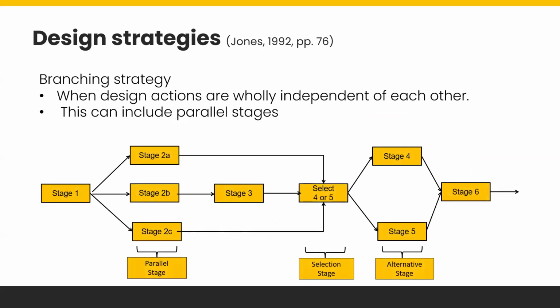Branching. So you do the design in parallel. There are parallel stages and then probably a selection. So for example in analysis, you do the different analyses in separate ways, not one after another. For example, there is user analysis and site analysis, you do them in parallel and then you combine them.